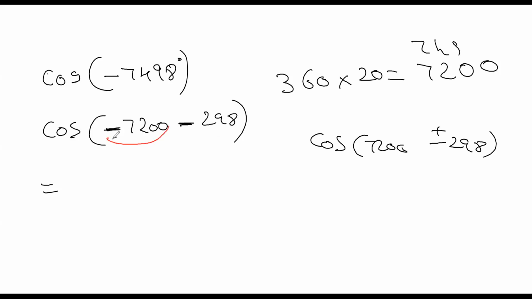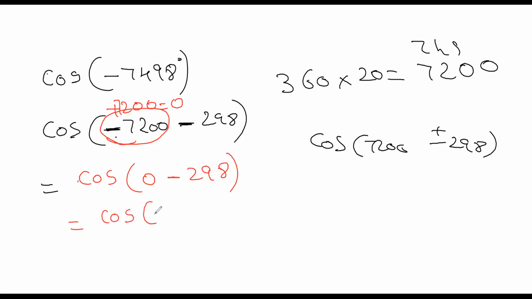Whether it is minus 7200 or plus 7200, it's the same as 0. So now we got cos of 0 minus 298, so it'll be cos 298 only.